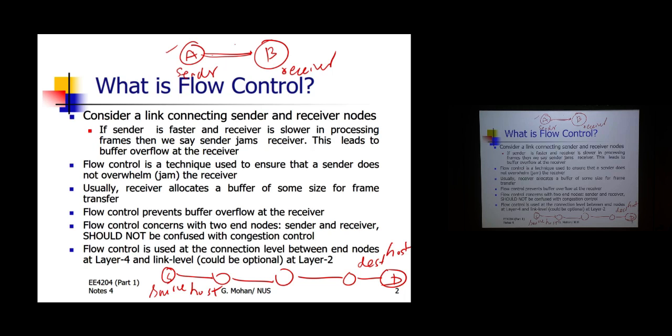The question is whether the receiver B can process those 1000 packets in one time unit. If B cannot cope with A, that means B is slower than the sender, then there's a chance that B may skip or drop some packets.